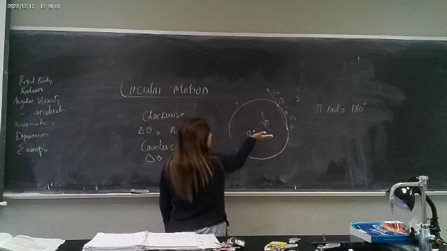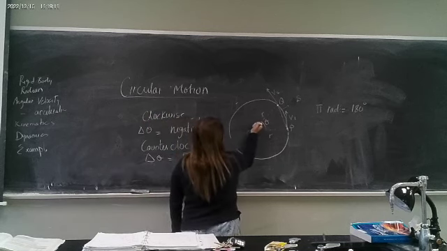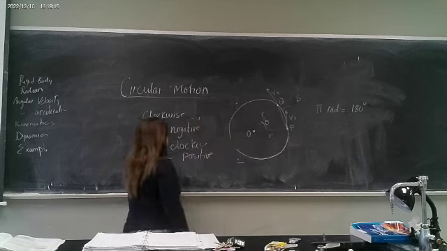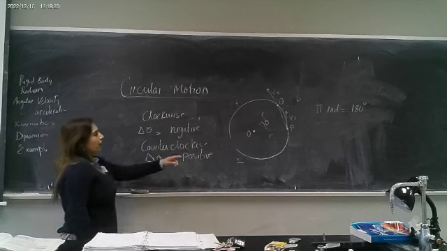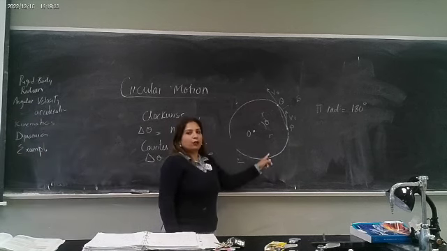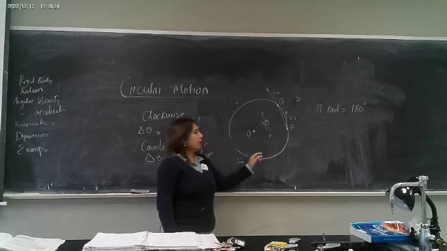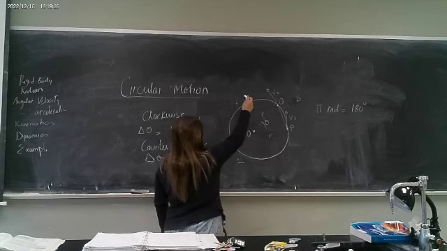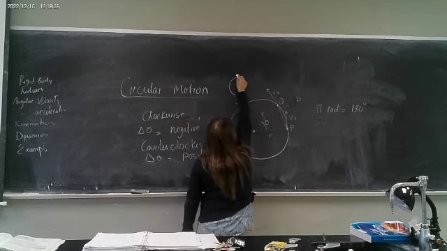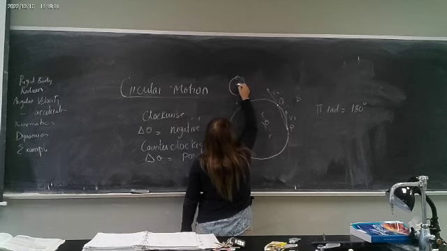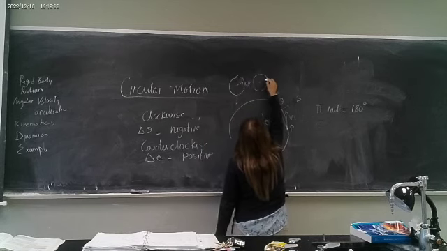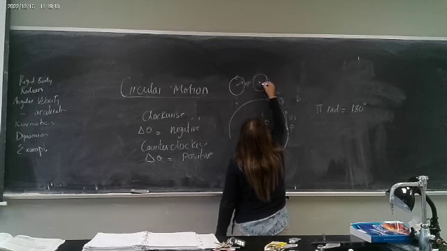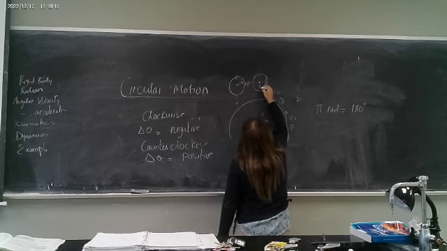If I turn my fingers in the direction of rotation, my thumb points towards omega. An object should be moving. In this case, it's moving counterclockwise. Omega is upward. If it is moving in the other direction, if it is moving clockwise, then omega should be down.